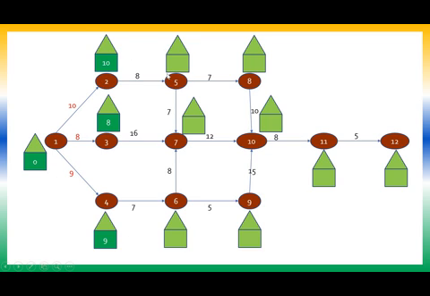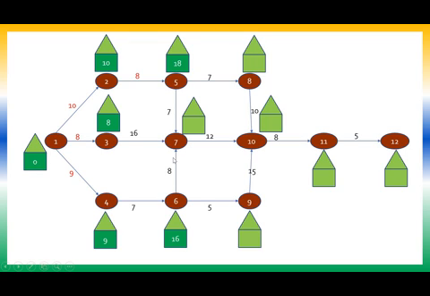Next, coming to the next stage. 10 plus 8, 18. Then 9 plus 7, 16. Why didn't I calculate here? I have three options, one value coming from here, one from here, and one from here. So which value has to be taken?